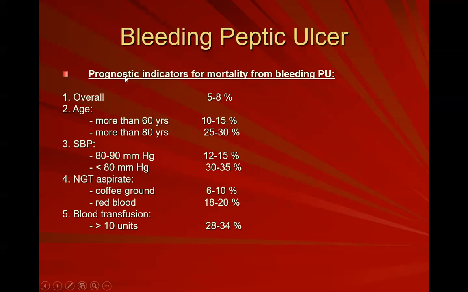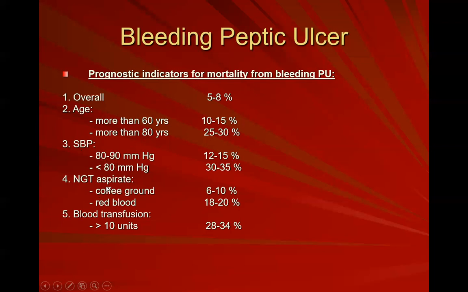So this is the prognosis for certain factors. Okay, you don't have to memorize these factors, but keep in mind that with older ages, the mortality will increase. If there is a drop in the systolic blood pressure, then also the mortality will increase.